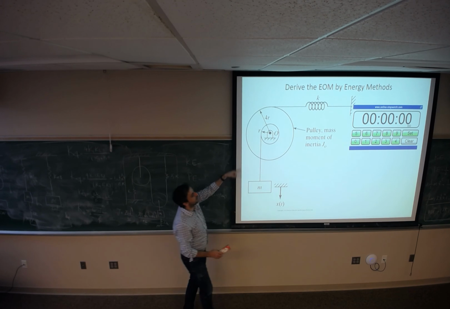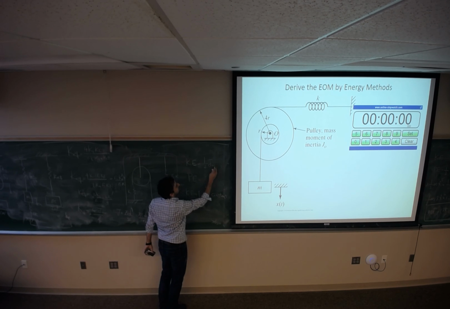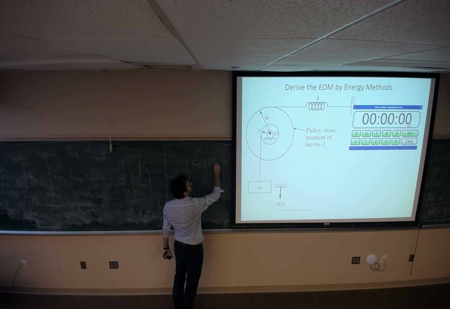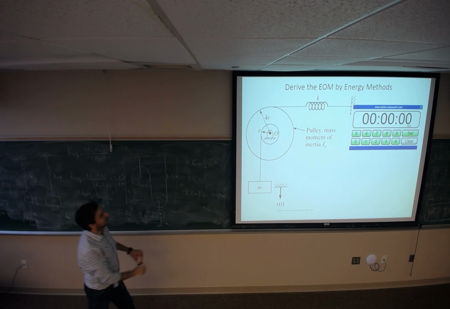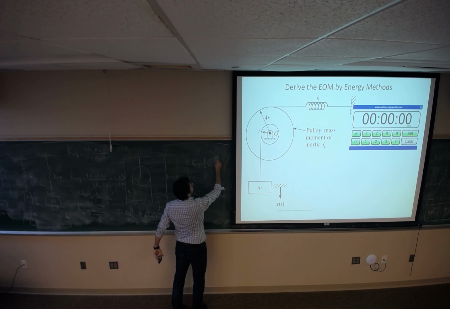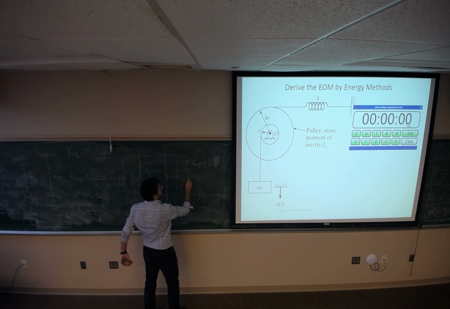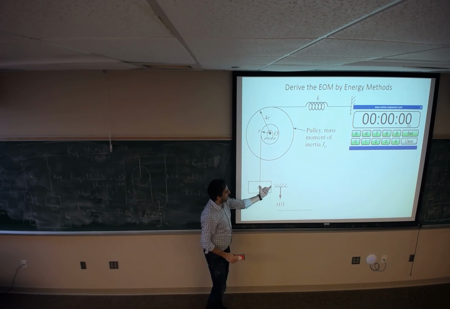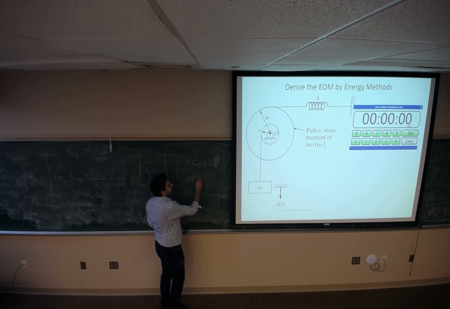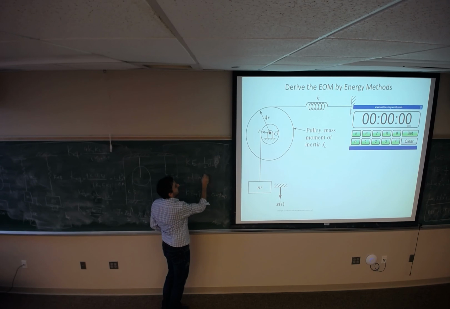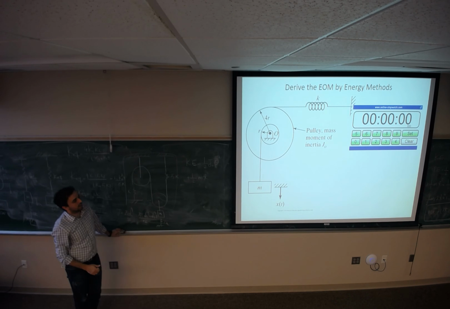The pulley is rotating, so it's going to be half of J naught omega square, whatever is the omega, theta dot square, plus, if this mass is moving by x, half of m x dot square. This is the total kinetic energy of the system.